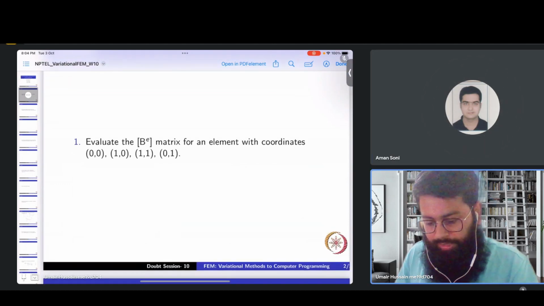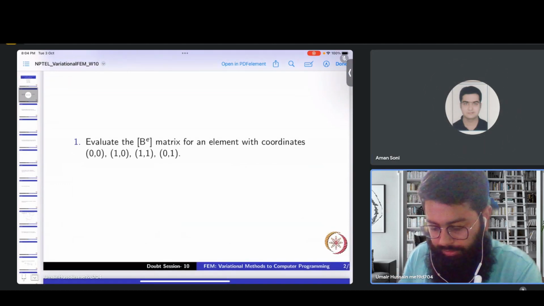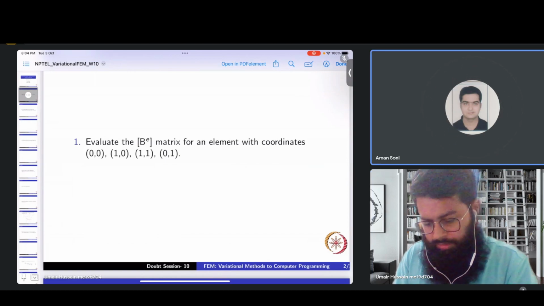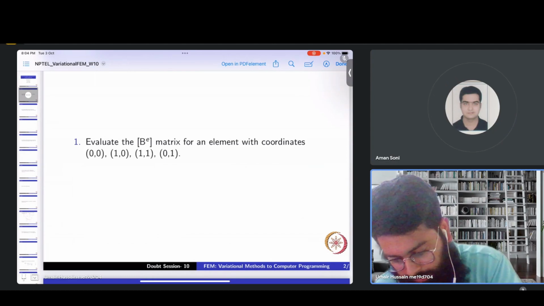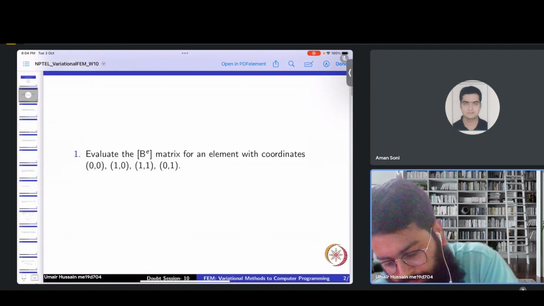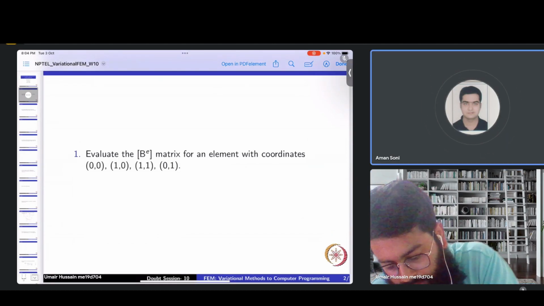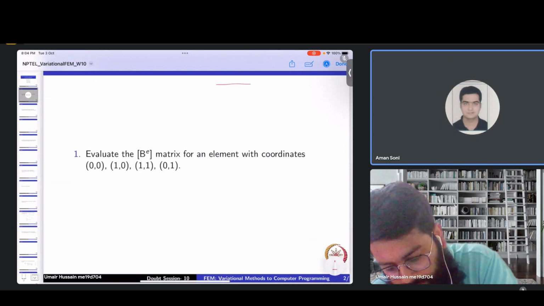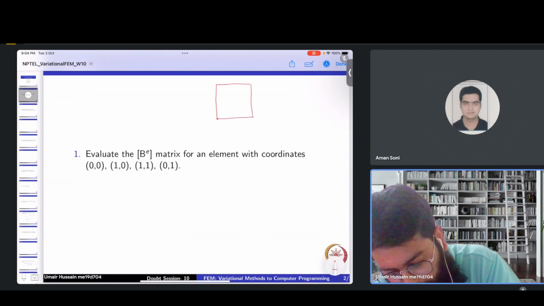Okay, so evaluate the BE matrix for an element with coordinates given as these. So this is the quadratic element. First of all, what all do we need?